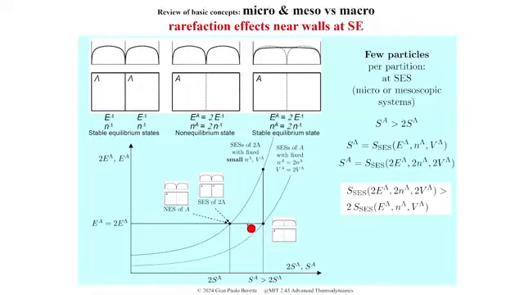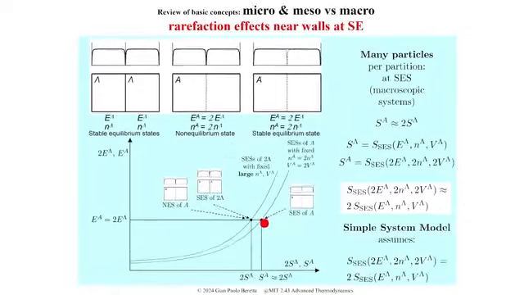Later on today, we will talk, just in a few minutes, about going also up this way. But for the moment, let me just recall that in the limit of many particles, the stable equilibrium state curve for the composite system divided into two partitions gets closer and closer to the stable equilibrium state curve for the system with the same particles, but no partitions.